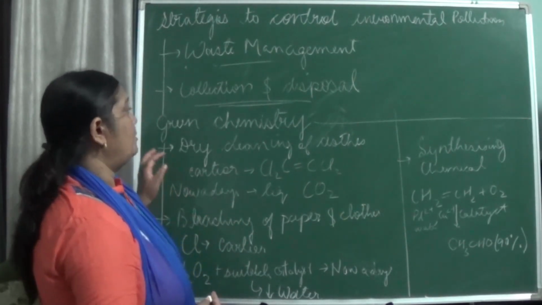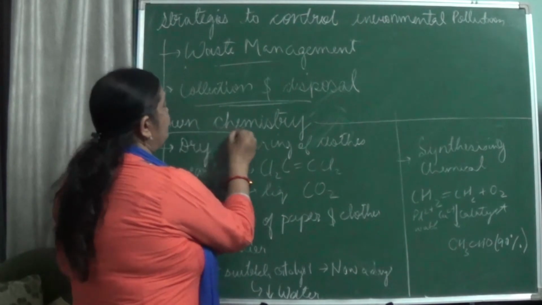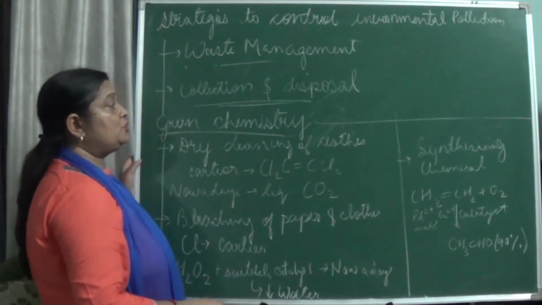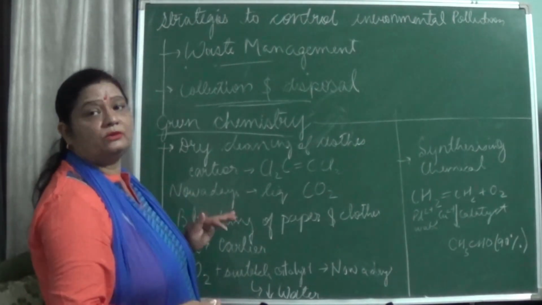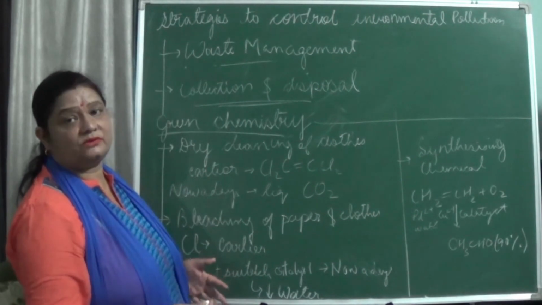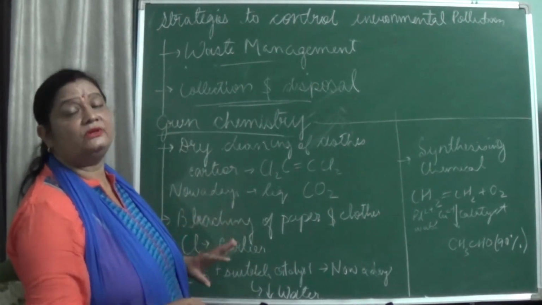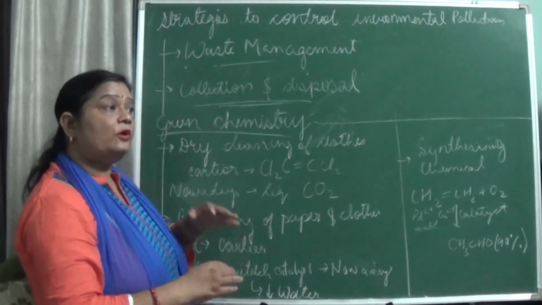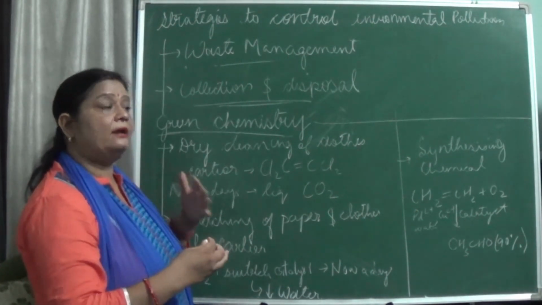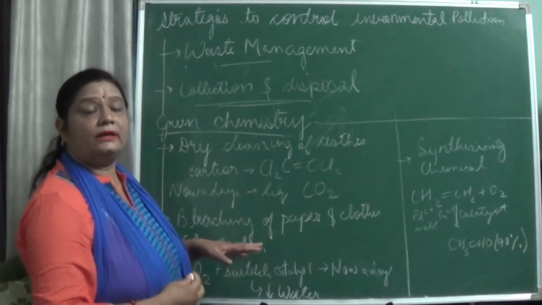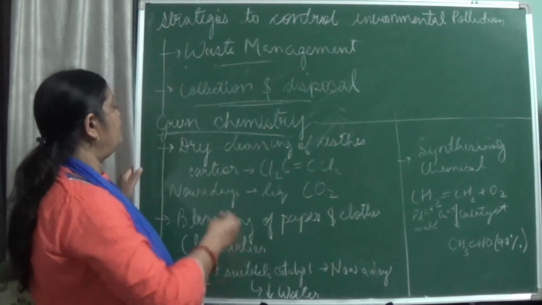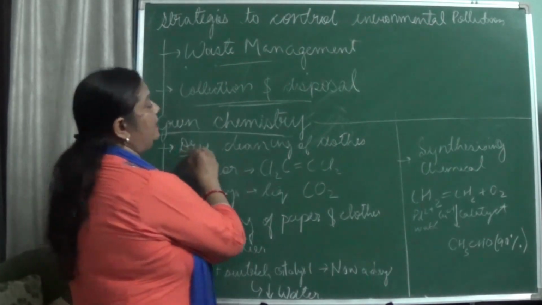Now, green chemistry. What is green chemistry? Green chemistry deals with making those substances and materials which cause less or negligible pollution in the environment, and for that alternatives are being found out, to decrease the pollution. Some examples are given, like dry cleaning of clothes.